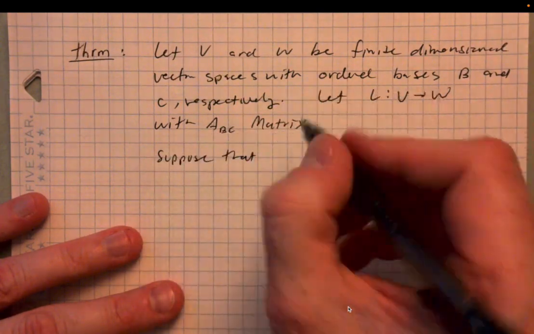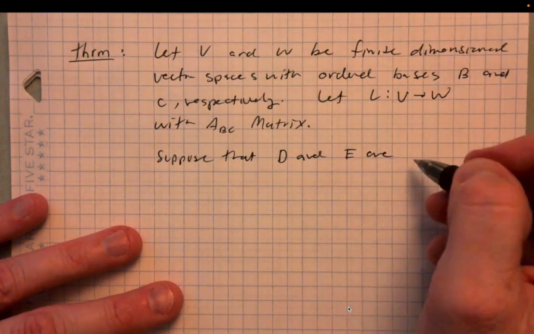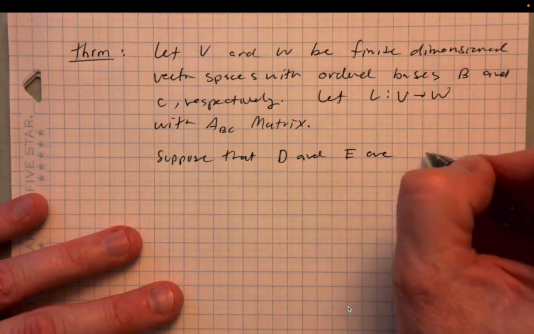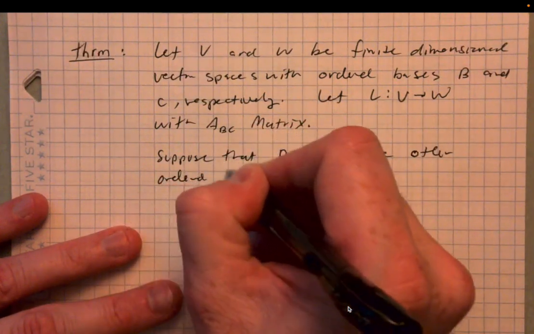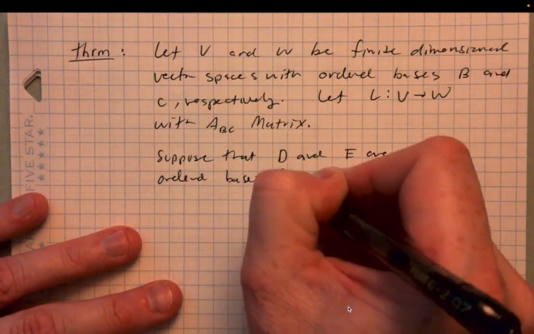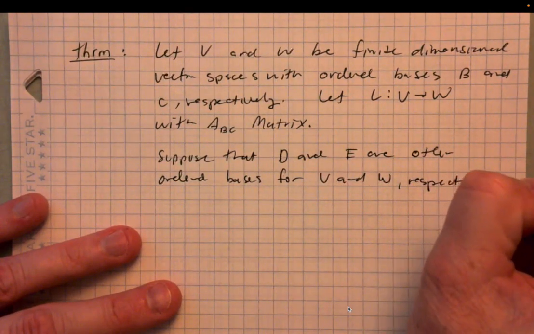Now, suppose that D and E are other ordered bases for V and W respectively.